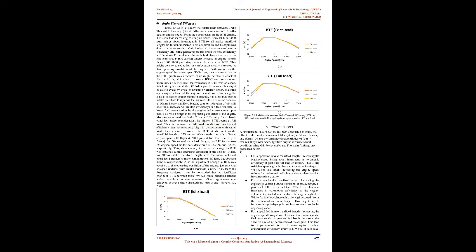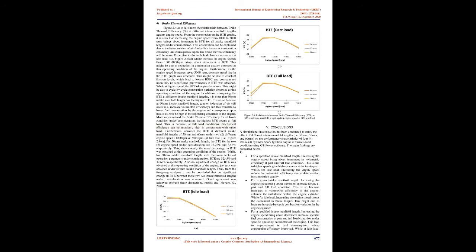Figure 2.3 c. For 50 mm intake manifold length, the BSFC for the two engine speeds under consideration are 257.21 g/kWh and 240.17 g/kWh respectively. This shows approximately 7% decrement in BSFC at this operating condition of the engine.